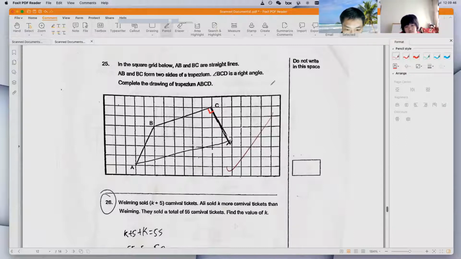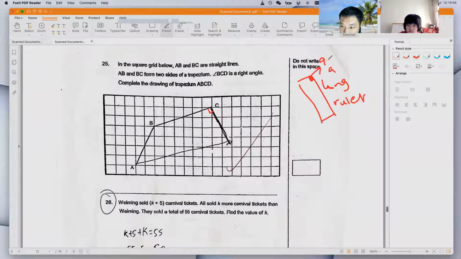You use this kind of ruler because this angle is 90. I think you have a long ruler, right? If you have a long ruler, the corner of a long ruler here is actually 90 degree. So you just park this to this so that you get a 90 degree.